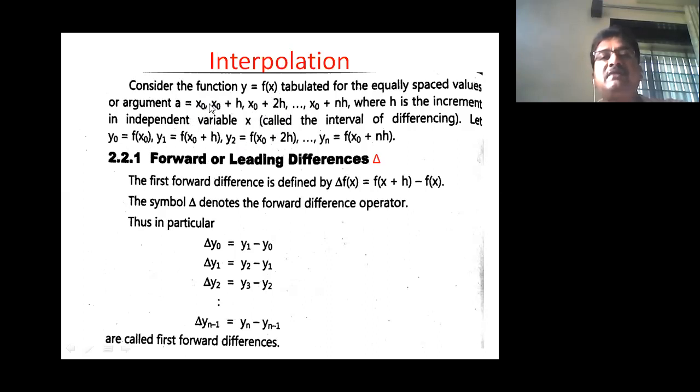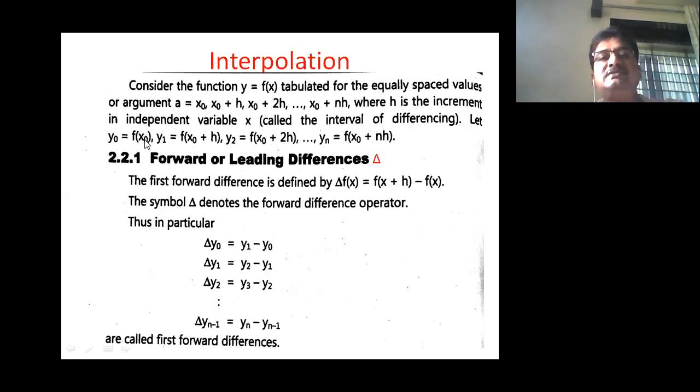So what is f of x naught minus h? f of x naught minus h is y minus 1, y suffix minus 1. So what is y1? What is y2? What is yn? yn is the value of the function y or f(x) at x naught plus nh. So these both notations are the same.